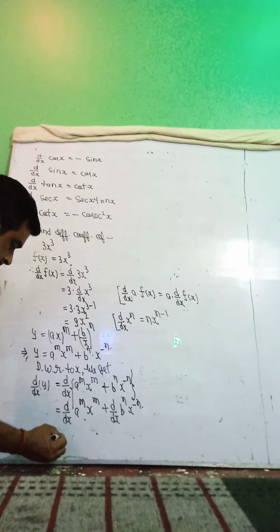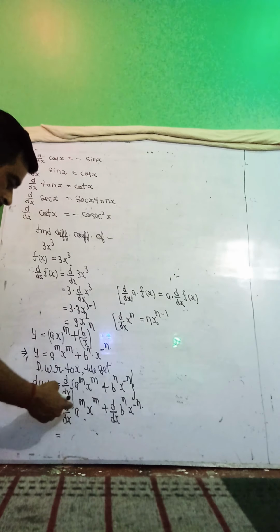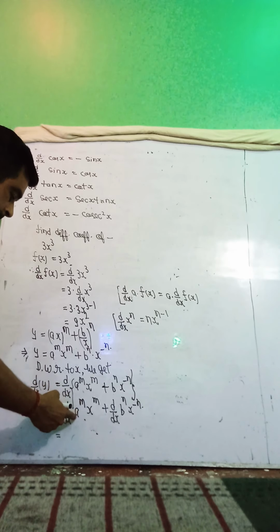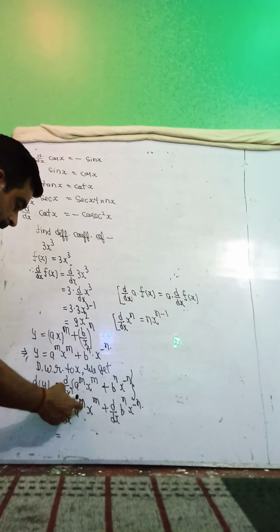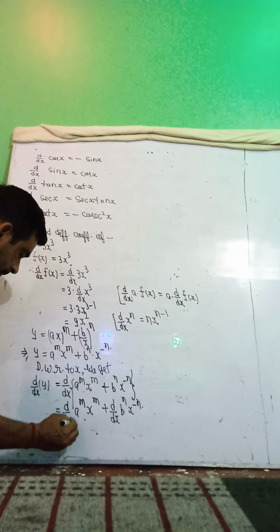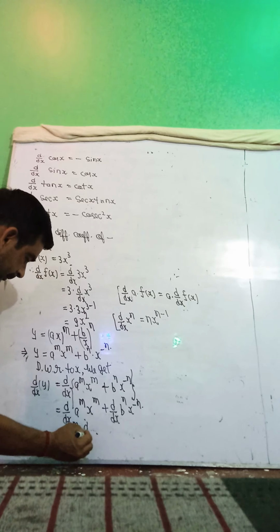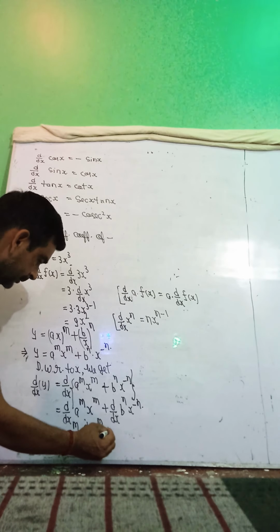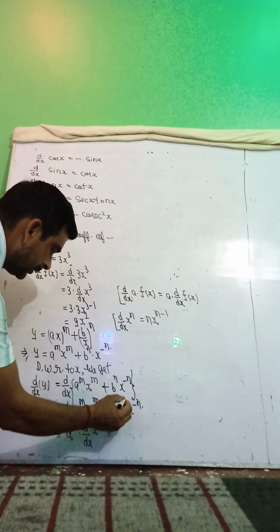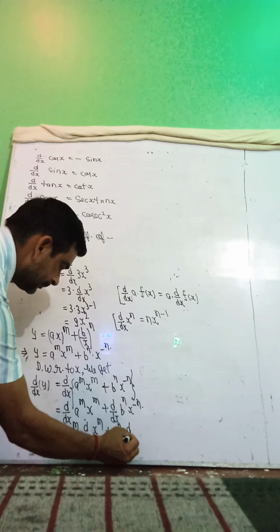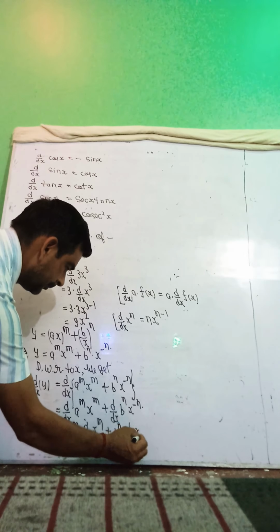Here, because a power m is constant, so take it out from differentiation, a power m into d/dx x power m plus, here b power n is constant, so b power n into d/dx x power minus n.